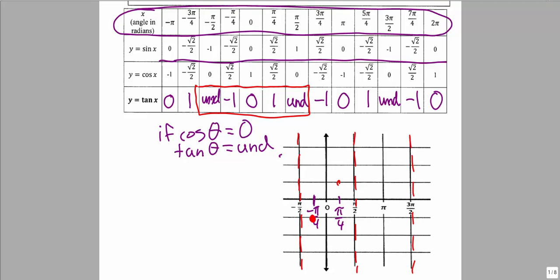At positive pi over 4, tangent is positive 1. And our graph also has a point at 0. So at 0 we have 0, at minus pi over 4 we have minus 1, and at x value pi over 4 we get a y value of 1. So our tangent graph will get close to the asymptotes and go through those points.